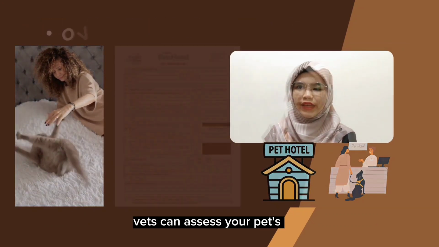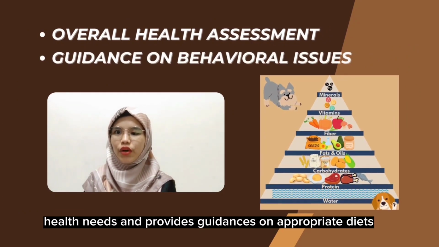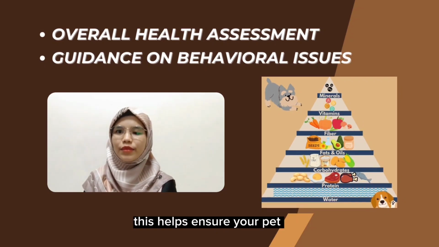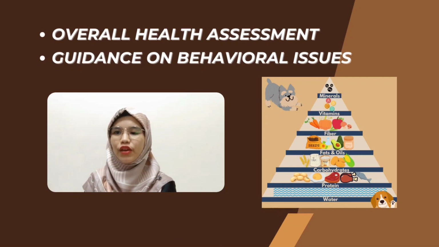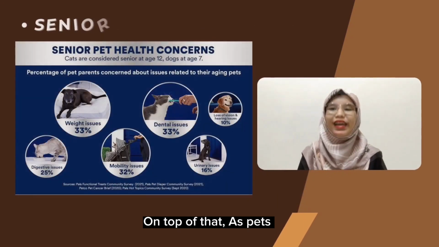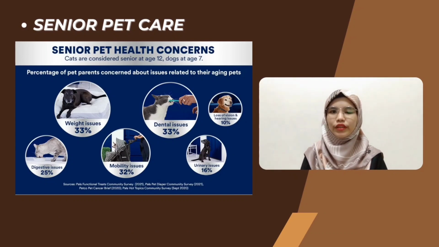Next, vets assess your pet's nutritional needs and provide guidance on appropriate diets and feeding practice. This helps to ensure your pet receives the right nutrients and avoids complications such as obesity or malnutrition. On top of that, as pets age, they may require specialized care and additional monitoring.